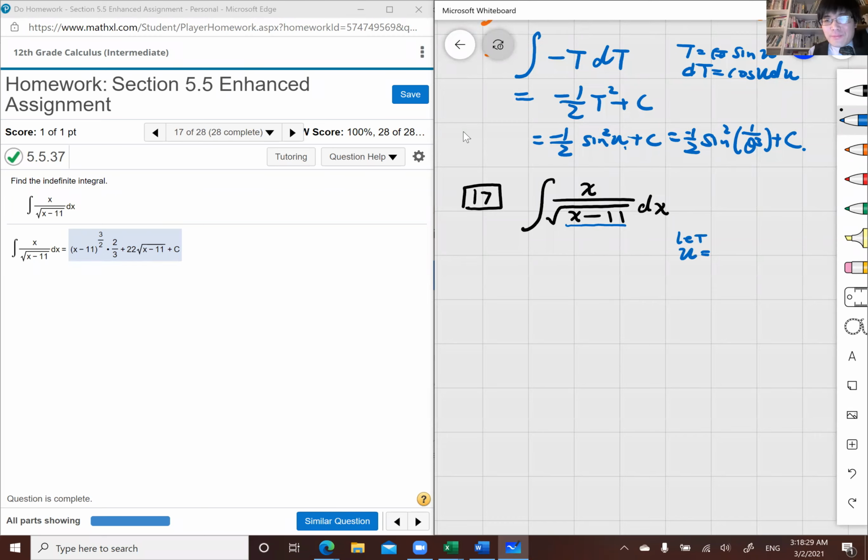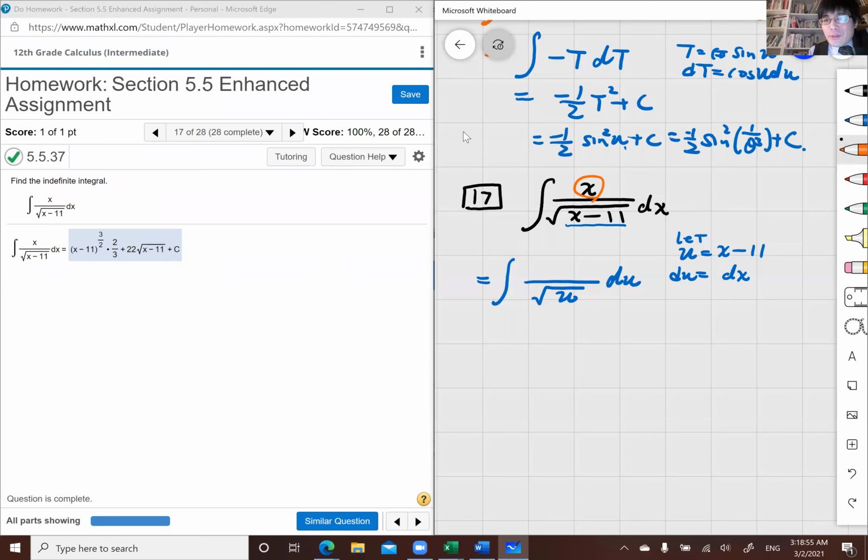The idea is simple. Let's simplify inside the square root by substituting u equal to x minus 11. Then du is 1 times dx. So it's simple to substitute. It's going to be square root of u, and the dx is going to be du. But what we should do is this part.